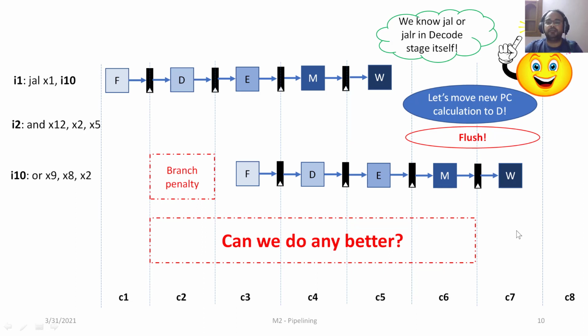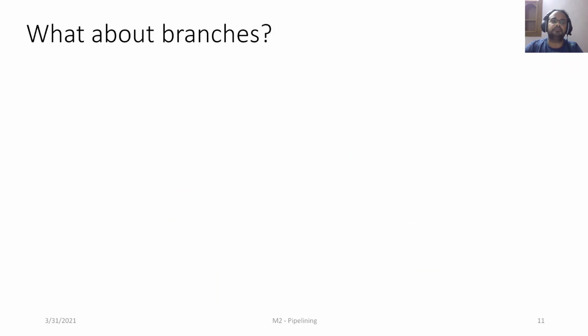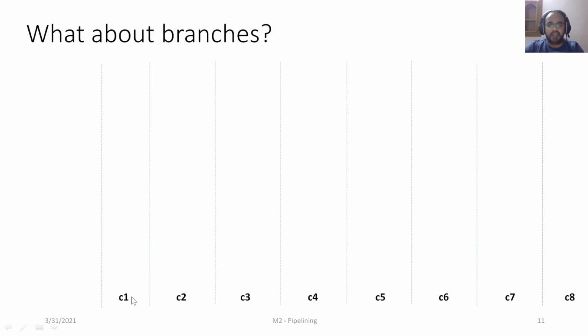Let's take the example of branch instructions and see how they can be handled. Again, we have the timeline, cycle 1 through cycle 8. Let's say our first instruction here is BEQ x2, x1, x10. What we expect to happen is if the values in x2 and x1 are equal, then the next instruction that needs to be executed after I1 is I10.